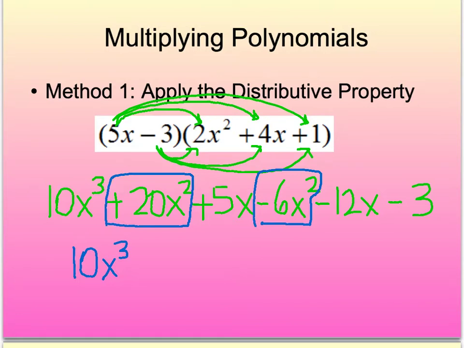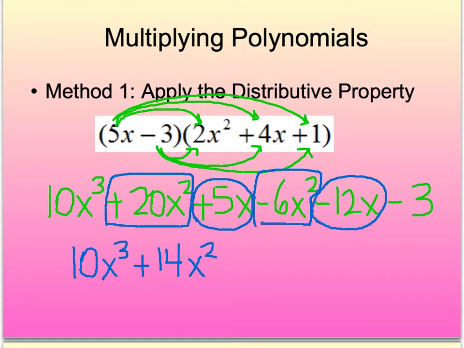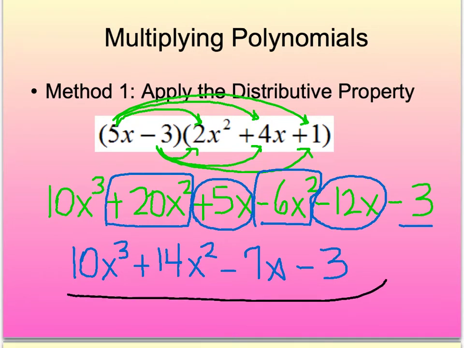So 20 plus negative 6 would give me a positive 14x squared. And then I go to my x term. I have a positive 5x and a negative 12x, and together that gives me negative 7x. And then we just write down our constant here, because there is no other constant to go with it, negative 3. And so my final answer is this polynomial.